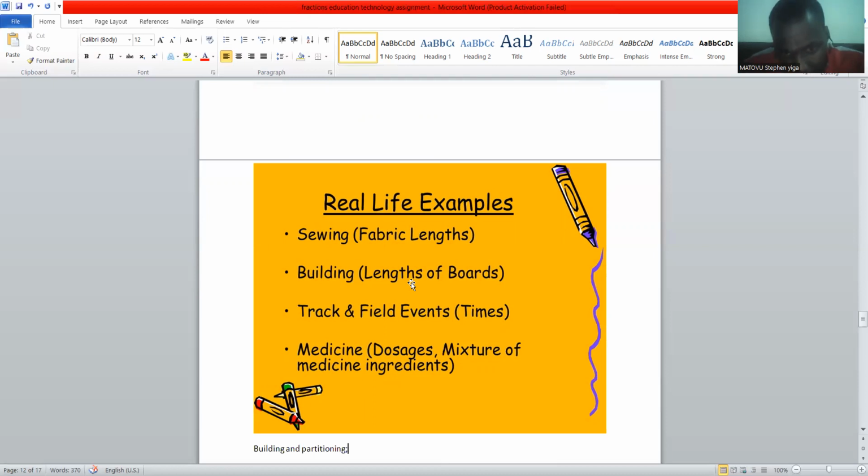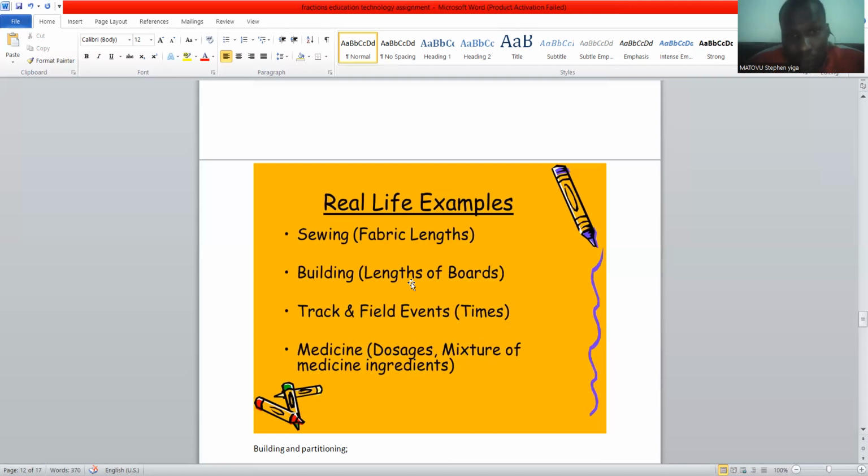I'm going to show you a certain building where partitions were made for track and field events. That is also where, as we measure time, 12:30, 2:30, we apply, of course, fractions. Even in fields, like a quarter of the stadium, a half of the stadium.